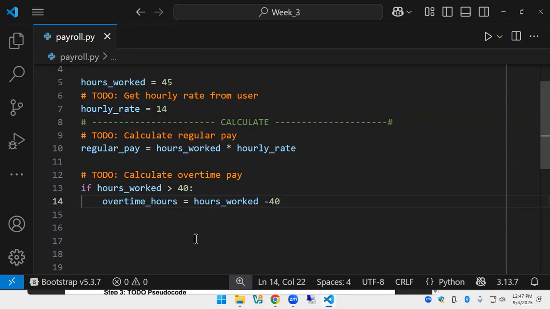Times the hourly rate, I mean. Yeah, that's one possible solution. There are 2 different ways you can go with that. Go ahead, Benjamin. Which way are you going?